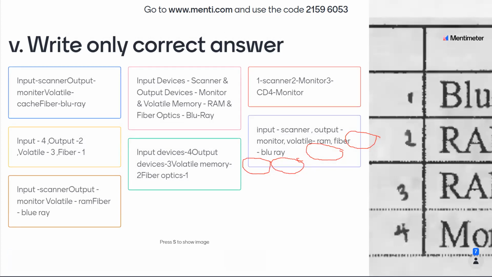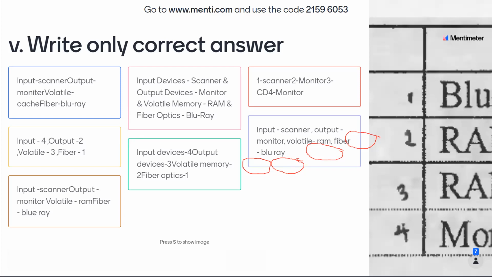Some say fiber, you say Blu-ray, monitor. I can understand the situation. I don't have an answer for that one. Fiber optics are used in networking especially, and this is network technology, where I couldn't find any answers. Okay, anyways, so good.